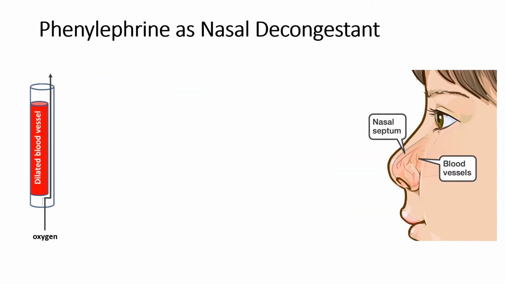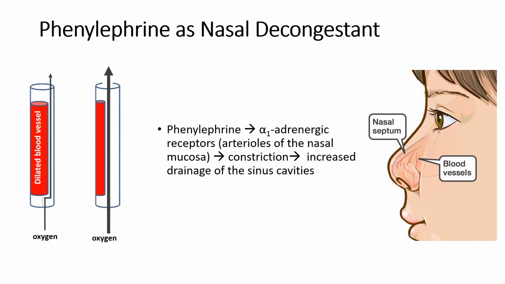Phenylephrine would then target the alpha-1 adrenergic receptors in the arterioles, specifically the blood vessels surrounding the nasal sinuses. Consequently, the activation of this alpha-1 adrenergic receptor will result in vasoconstriction of the arterioles, thereby decreasing edema and increasing the drainage of the sinus cavities.